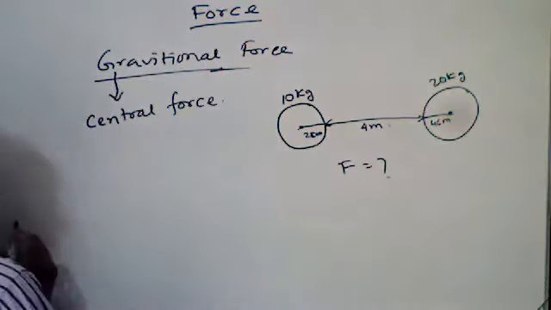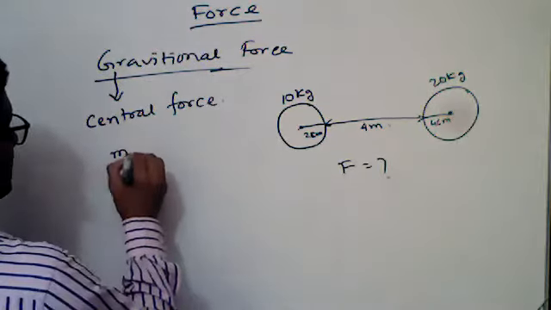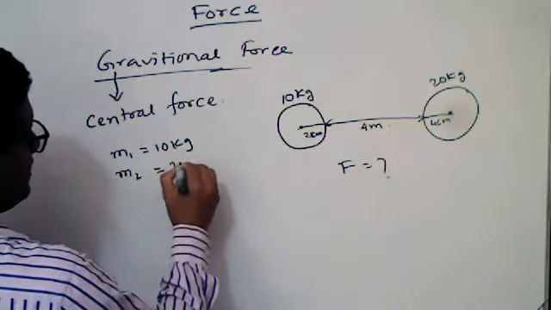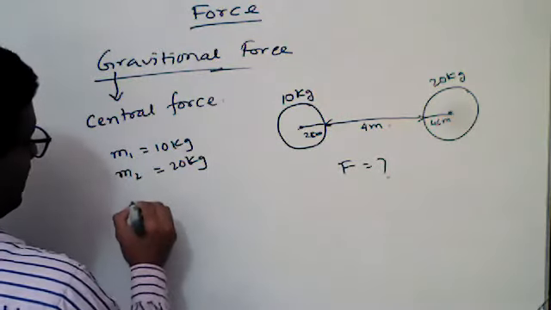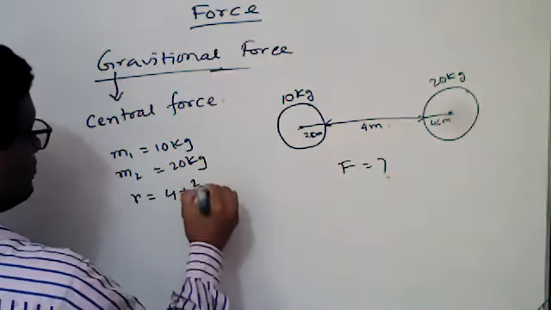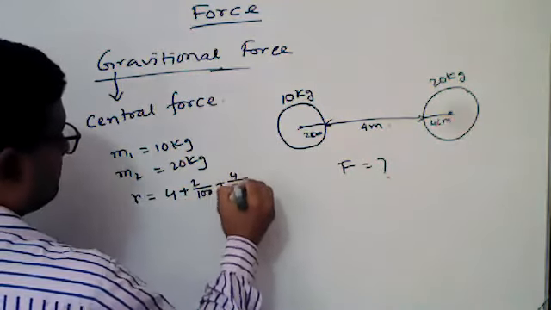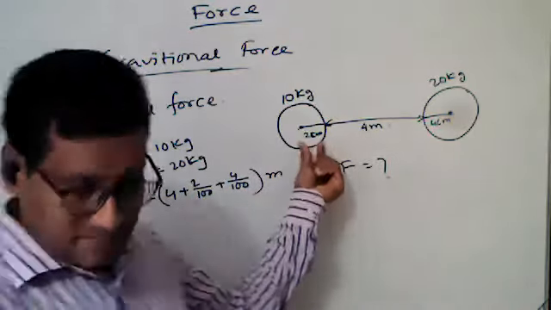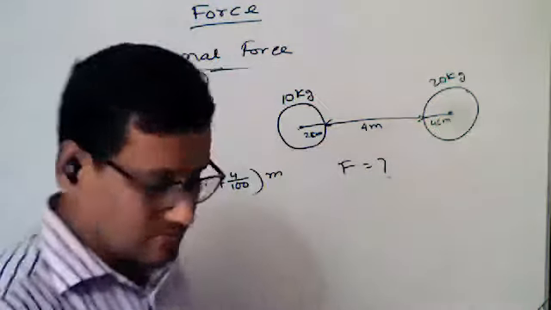So here M1 equals 10 kilogram, M2 equals 20 kilogram, and D or R equals 4 plus 2/100 plus 4/100 meter. Centimeter converted into meter.